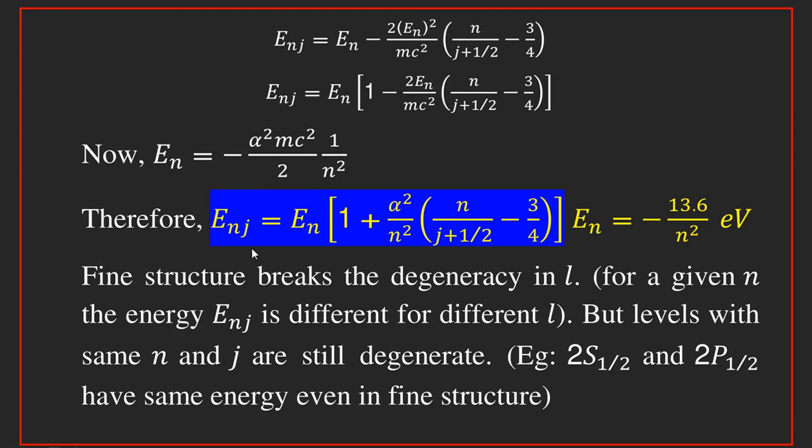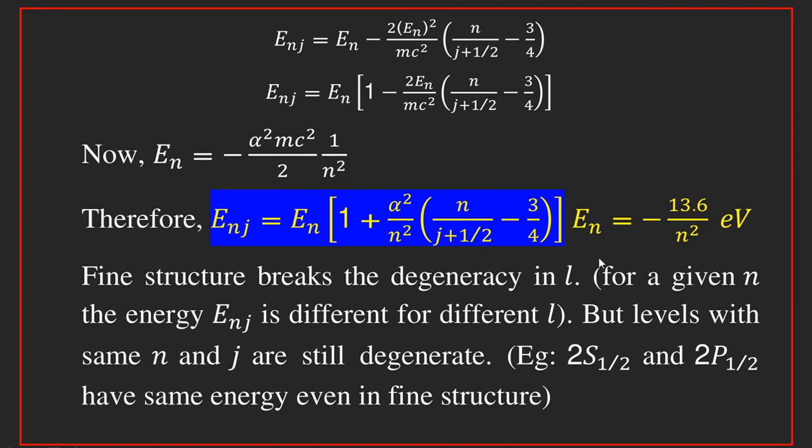Therefore, Enj is equal to En into 1 plus, minus into minus gives plus, alpha square by n square into (n by j plus half minus 3 by 4), where En is minus 13.6 by n square electron volt.